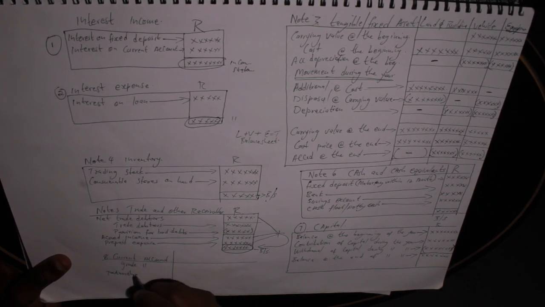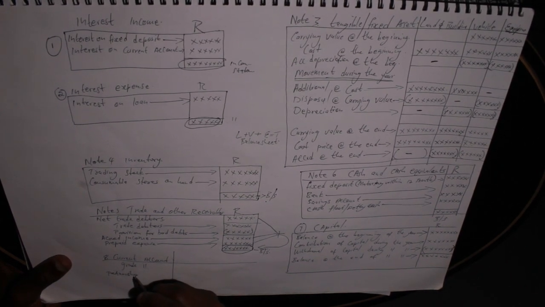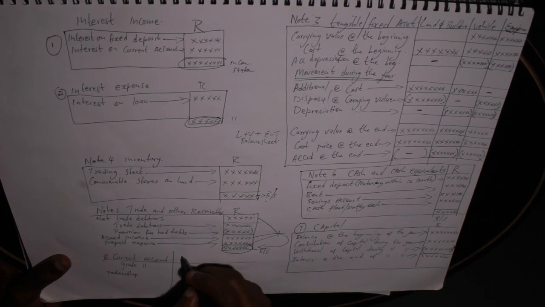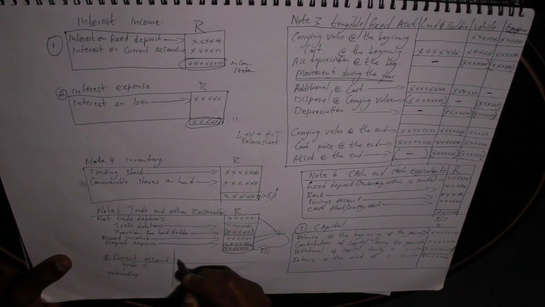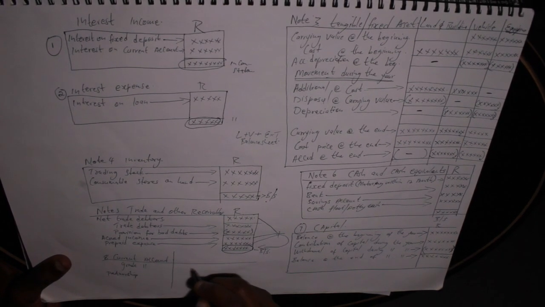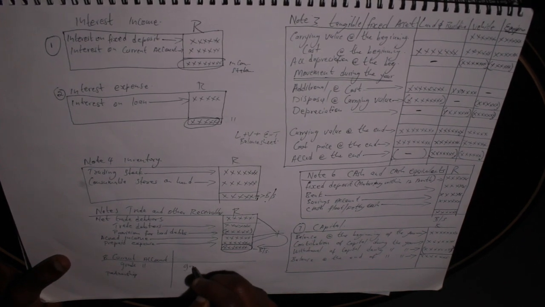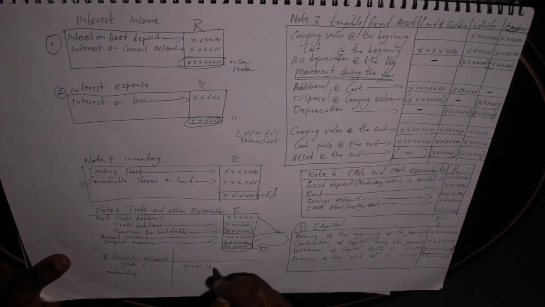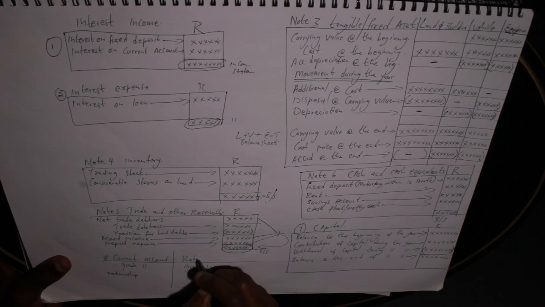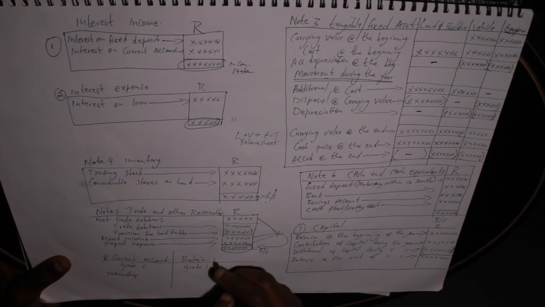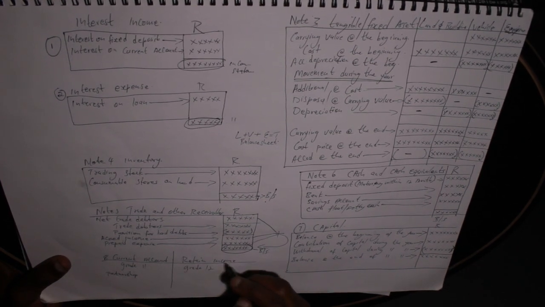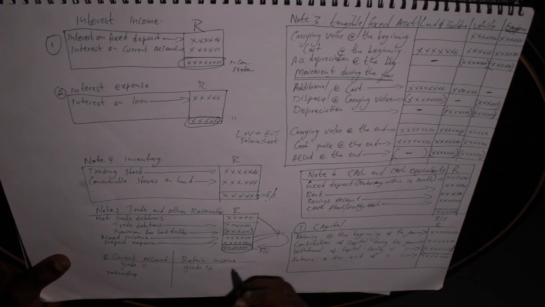So in a partnership agreement, we have what we call a current account as note number 8. Now we also have note number 8 for grade 12, which is retained income. Retained income, which is grade 12 work.